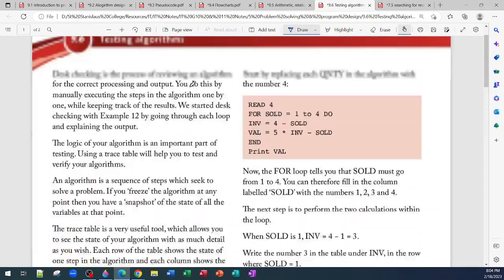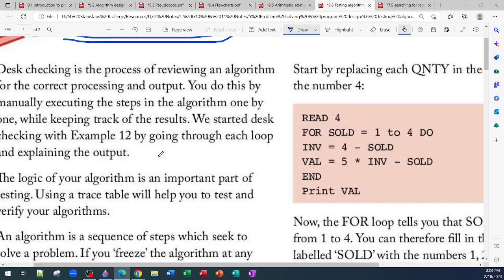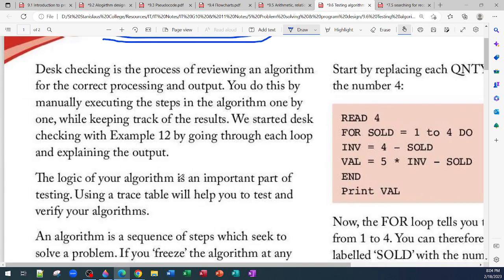So let's run through the paragraphs just in case I miss anything. Desk checking is the process of reviewing an algorithm for the correct processing and output. That's why you're actually doing a trace table, to ensure that you get your correct calculation and your correct output.